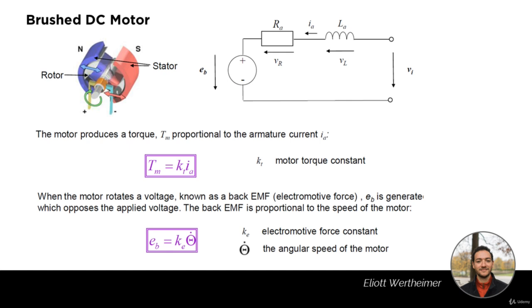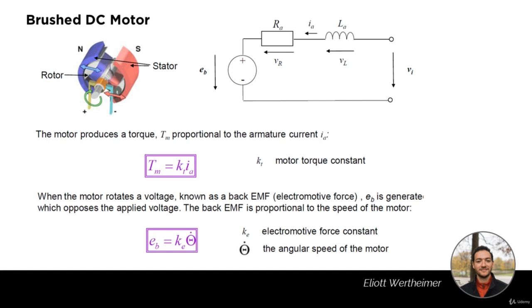So the motor produces a torque Tm, which is proportional to the armature current Ia. We can therefore write that Tm is equal to Kt times Ia, where Kt is the motor torque constant. Again, it's a given depending on the manufacturing of the motor.